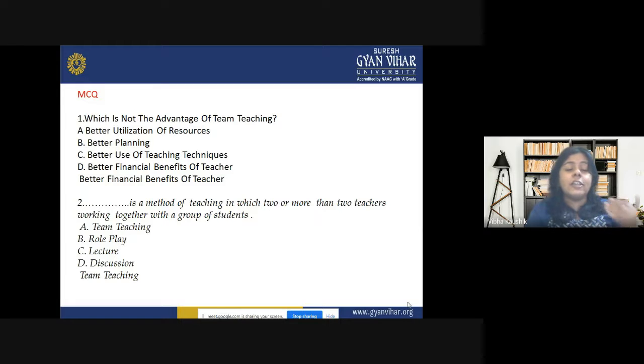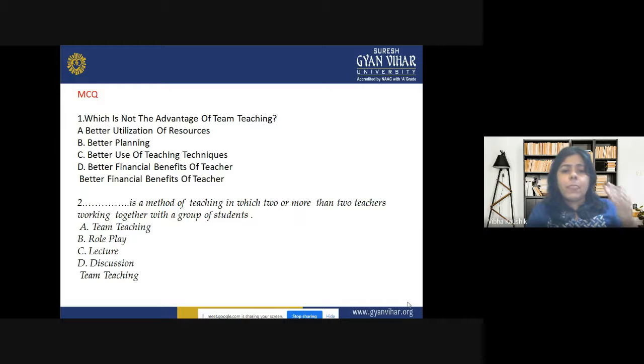There are different teaching techniques available, and through team teaching, the teachers can use better teaching techniques to teach the students. Or D. Better financial benefits of teachers.